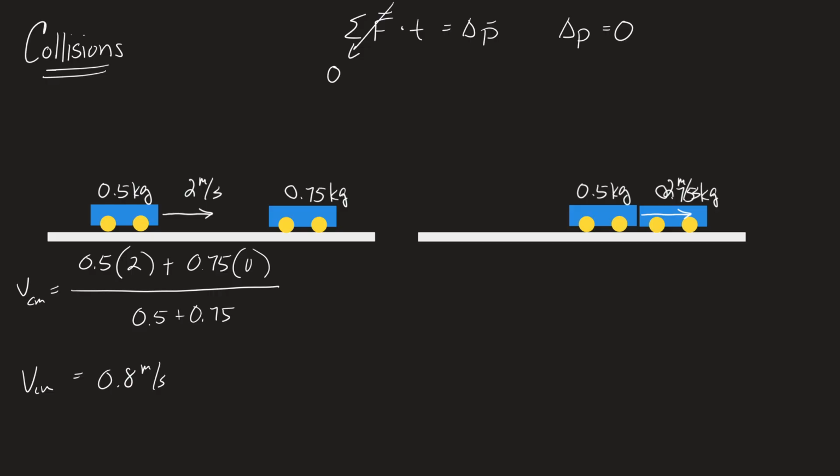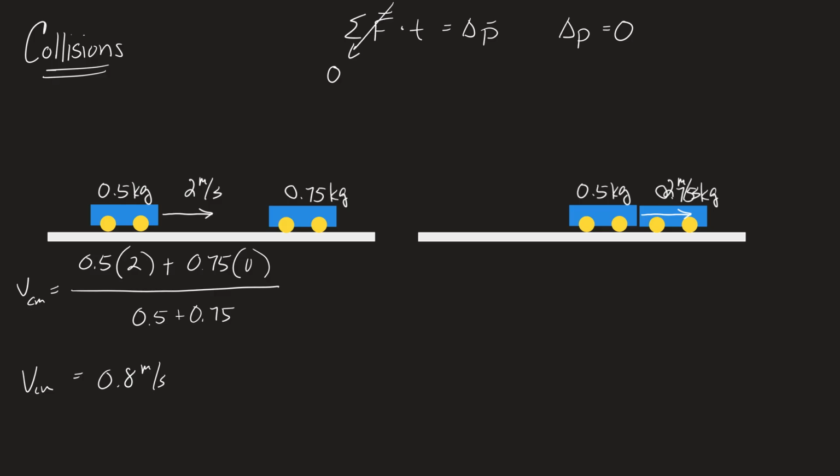The 0.5 kilogram car is going to apply a force to the 0.75 kilogram car. And at the same time, the 0.75 kilogram car is going to apply a force to the 0.5 kilogram car, right? Those two forces are going to be equal and opposite, which means it's going to spawn two equal and opposite impulses, which means the 0.75 kilogram car is very likely to gain momentum at the expense of the 0.5 kilogram car losing momentum.